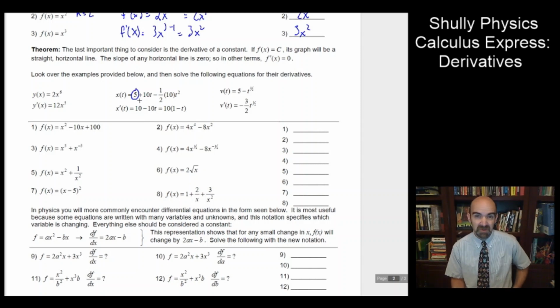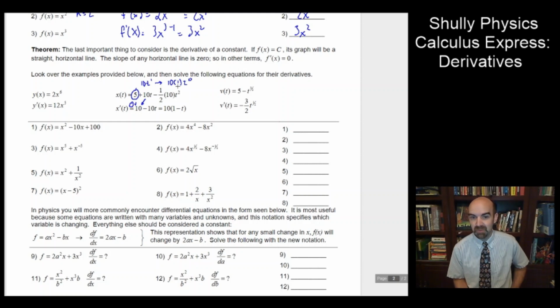It's 0. There's no change to 5. So there's actually a little hidden 0 out front here. That 5 becomes a 0 as a derivative. Is there any change to 10t? Well, yes. It changes by the slope. The slope is 10. So here we have a 10t to the first power, and that becomes 10 times 1 t to the 0 power.